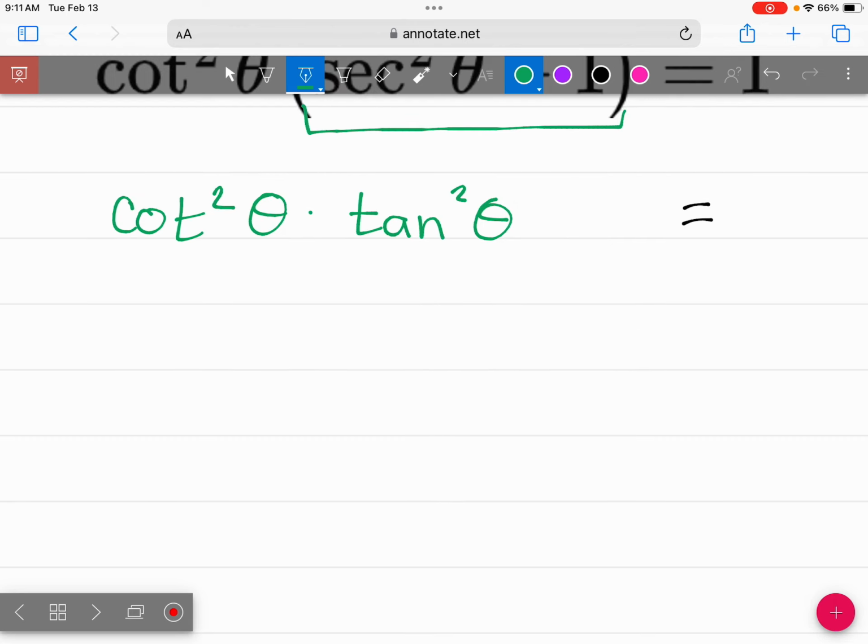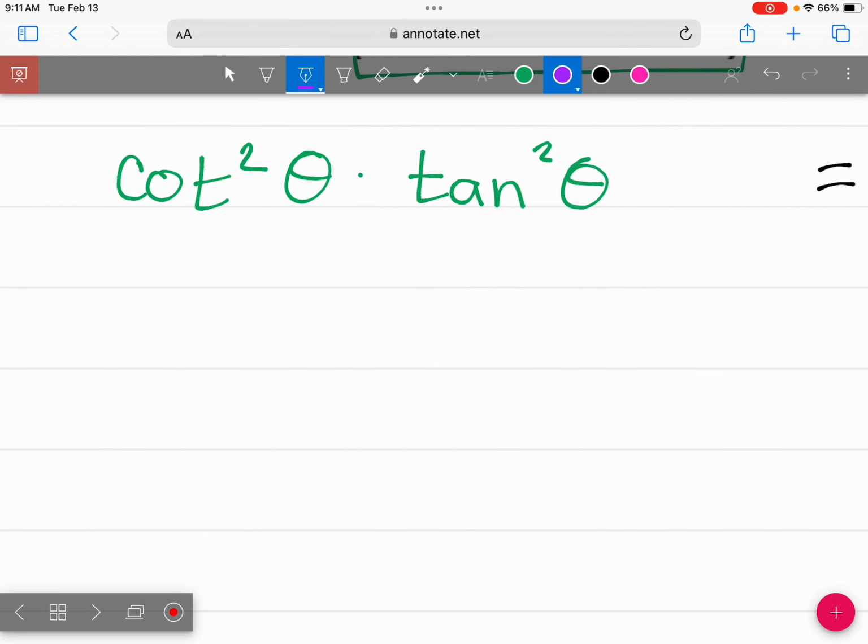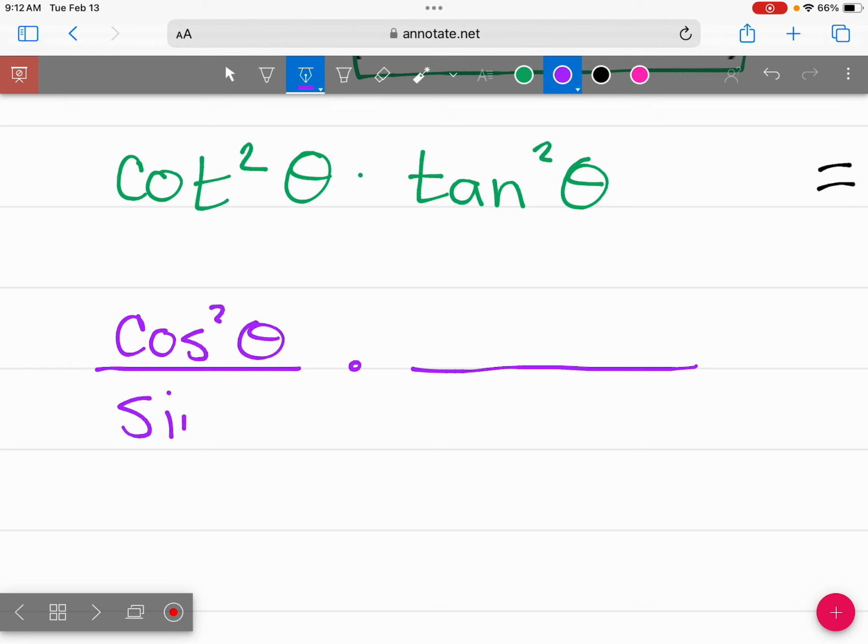So once we're here, what can we do? Cosine over sine times sine over cosine. We're going to put this into our sines and cosines because cotangent squared is cosine squared of theta over sine squared of theta.